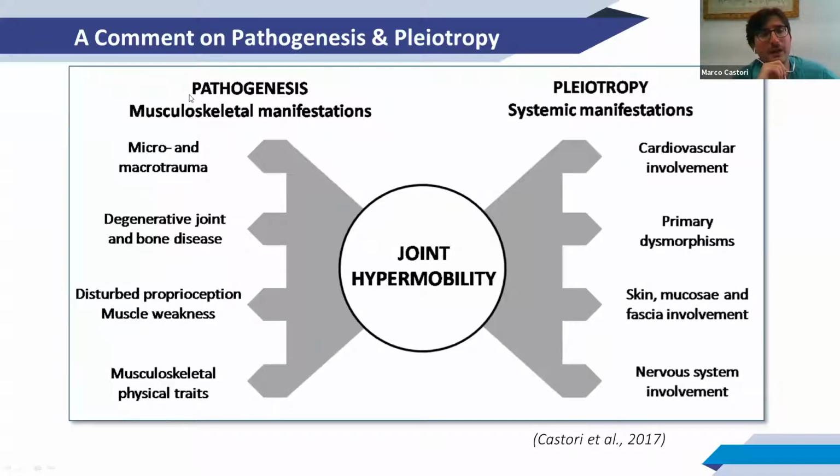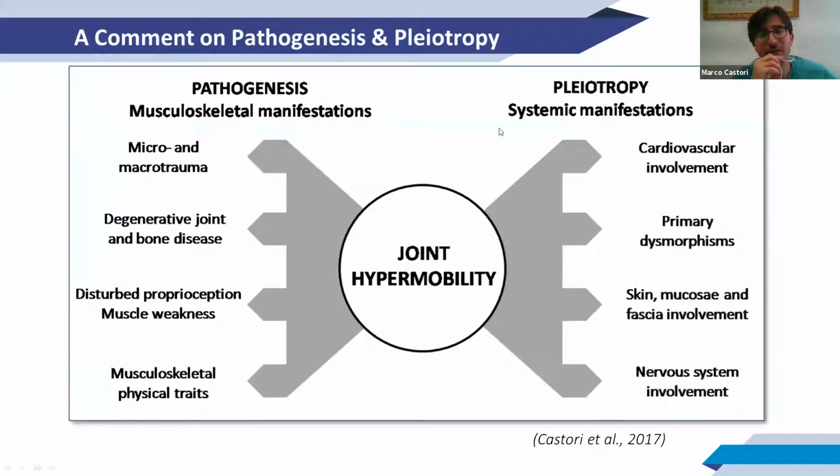Pathogenesis is what we talked about in the last slide: the connections between joint hypermobility, that is a common and physiological trait in some terms, and the clinical manifestations that can be considered as the consequence of this trait, such as micro and macro traumas.